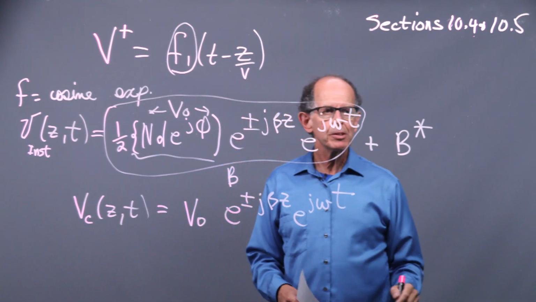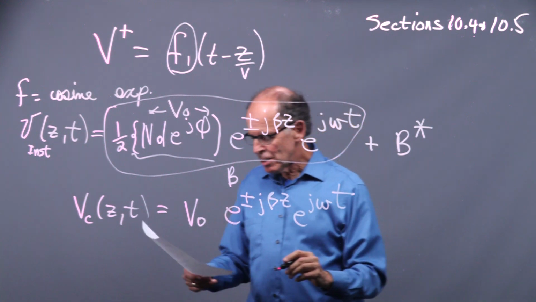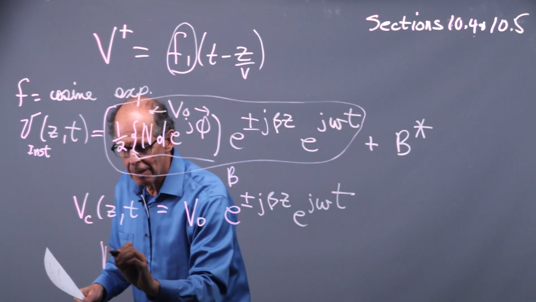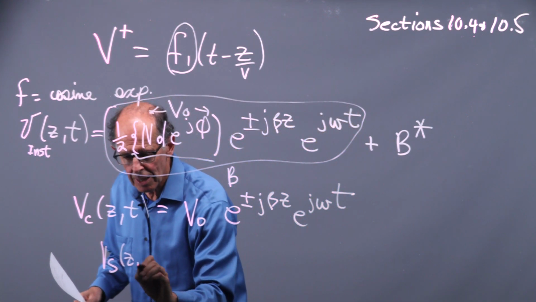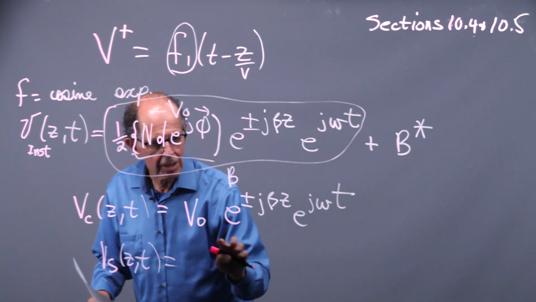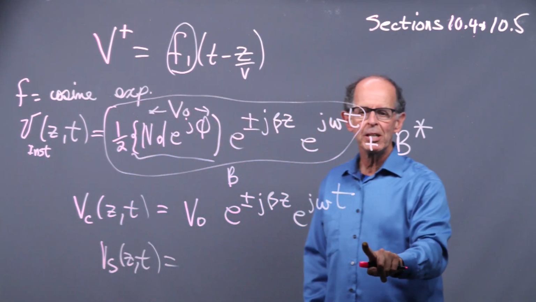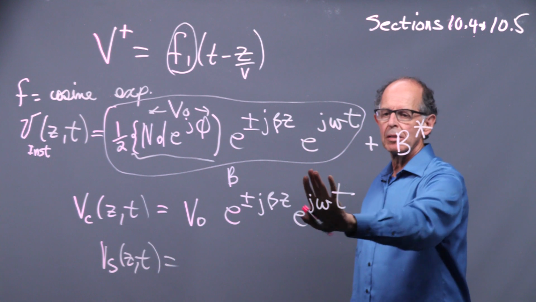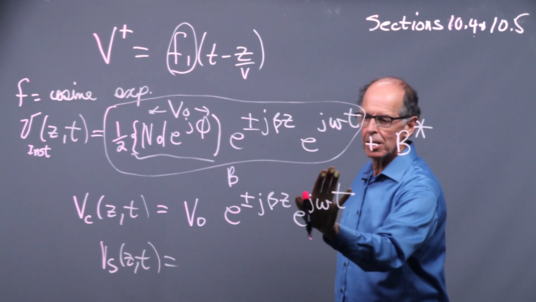And I'll leave it for you to figure out what the phasor version is. Vs of Z and T equals. So I think we all know what the phasor version is. We leave out the e to the j omega t.